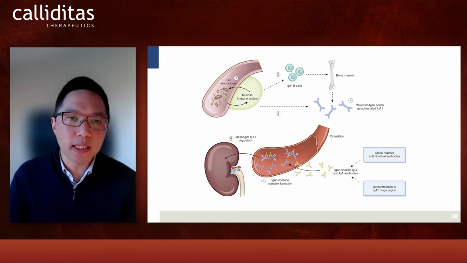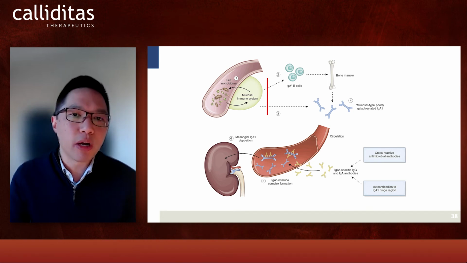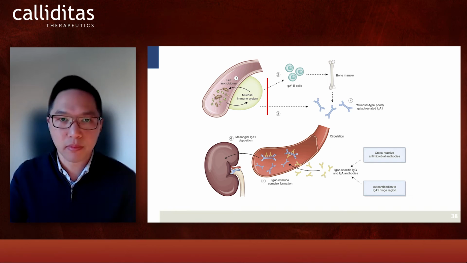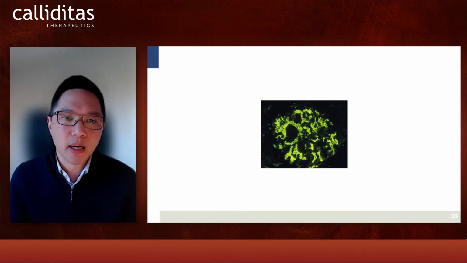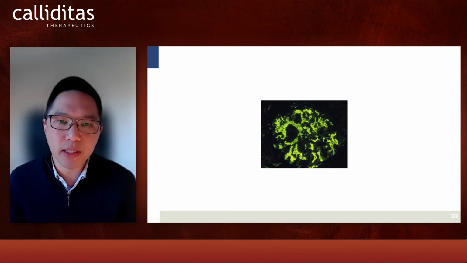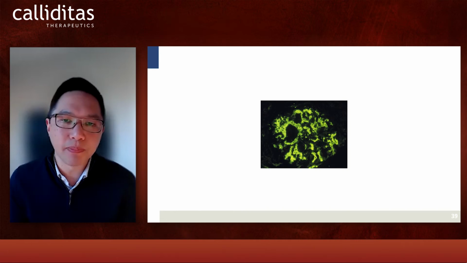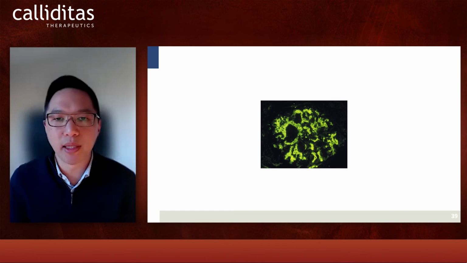And as a nephrologist and a clinical researcher, I'm really interested in how we can target the gut upstream to try and prevent all these downstream effects from happening. So I hope over the past 20 minutes, I've managed to convince you and shown you several lines of evidence that IgA nephropathy is a disease that originates from a dysregulation of the mucosal immune system, and it is mucosal IgA in origin that is deposited within the kidneys.